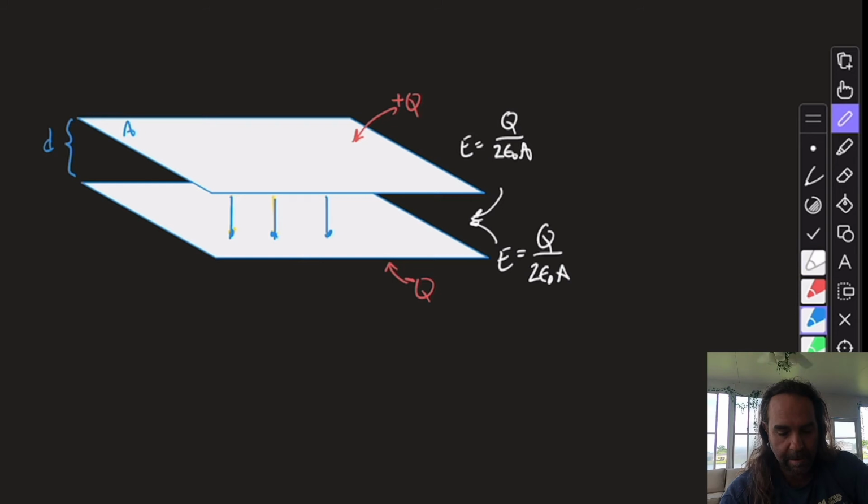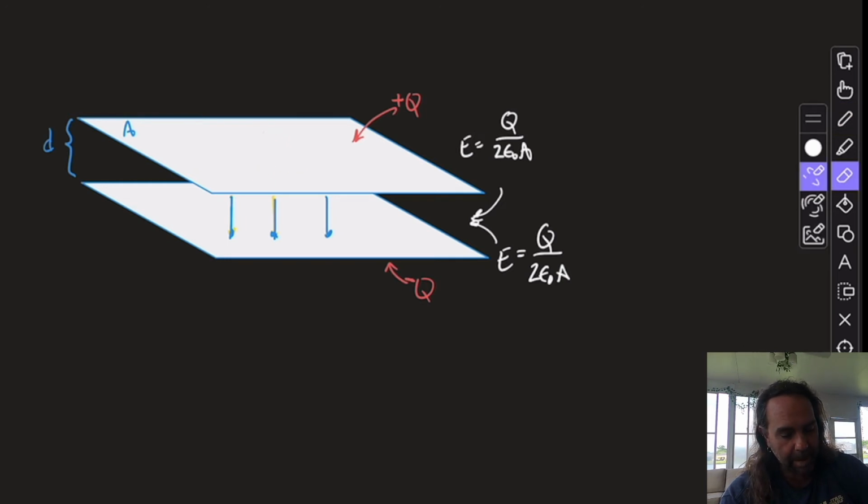I know that there's an electric field upwards from the top sheet, but that's being countered by the downward electric field from the bottom sheet. So these two cancel out outside. And if you don't believe me, put a Gaussian surface that extends from the top of the top sheet through to the bottom of the bottom sheet, and it would enclose no charge. So the electric field outside of this capacitor should be zero.